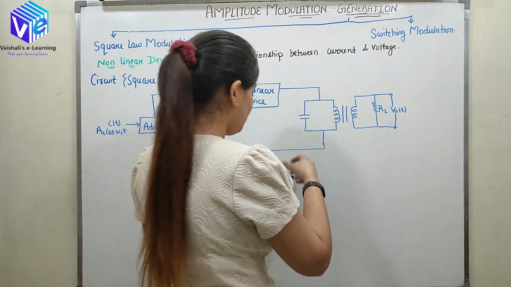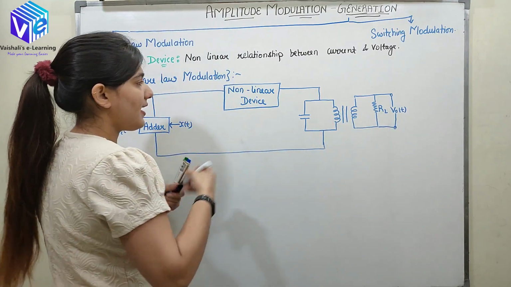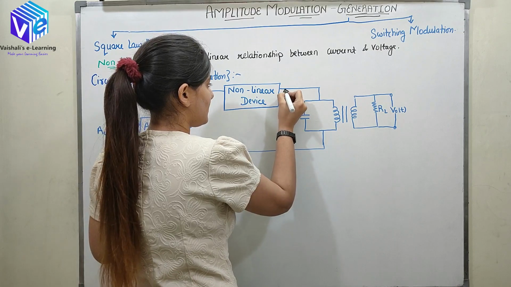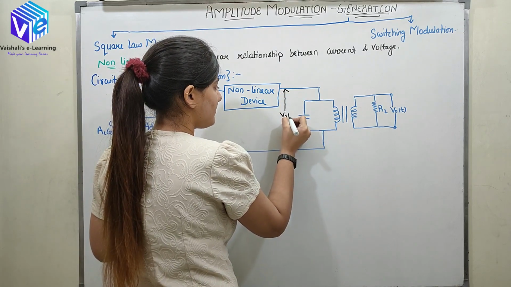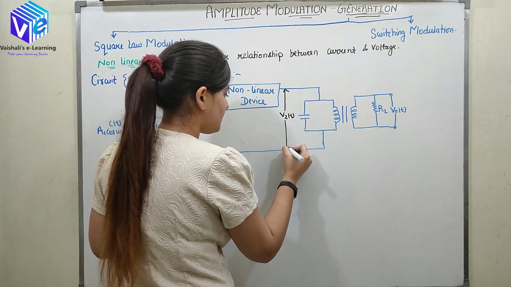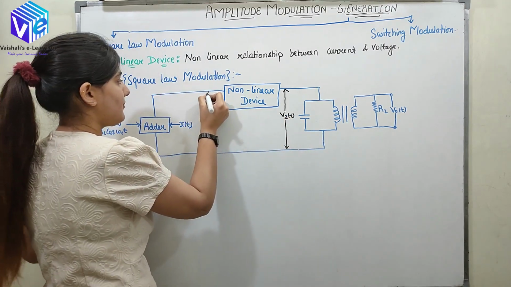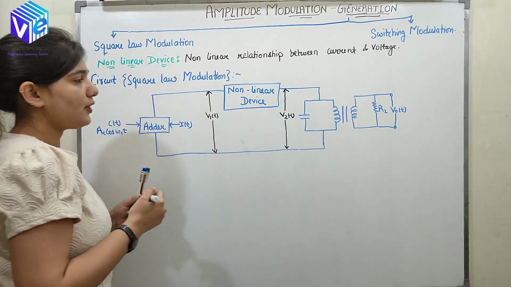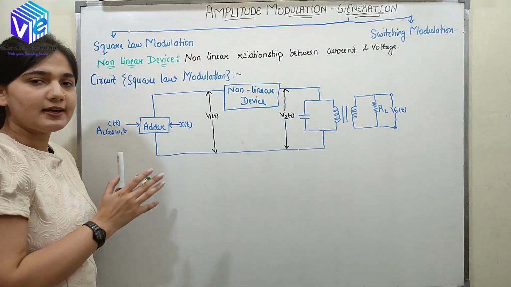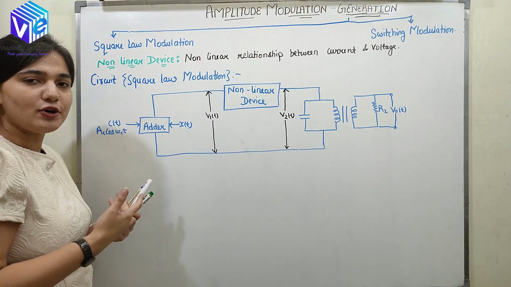Now it is connected to an RL circuit and from there I am getting the output voltage. The output voltage is my amplitude modulated wave. Here I am getting V2(t) and here I am getting V1(t). Now this is my circuit of the square law modulation.